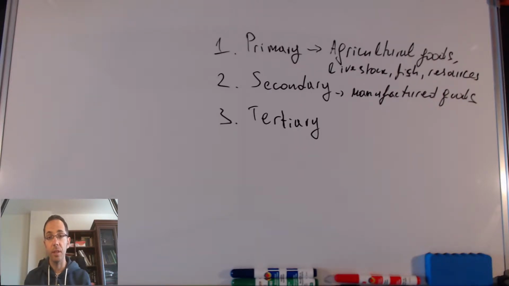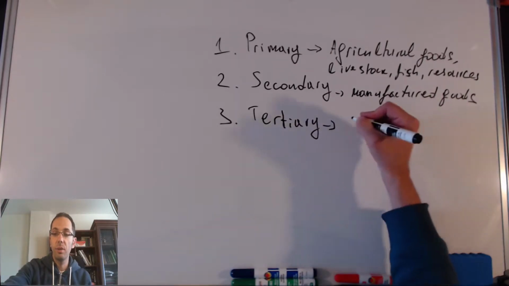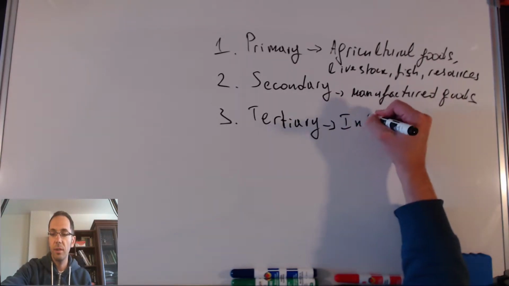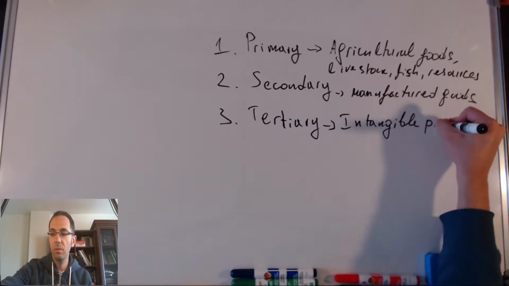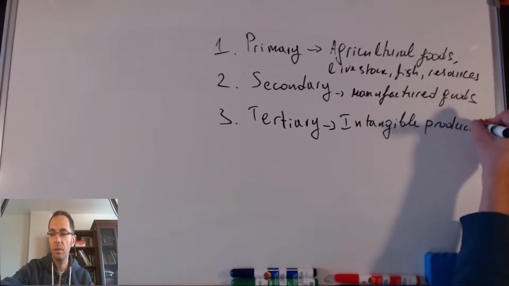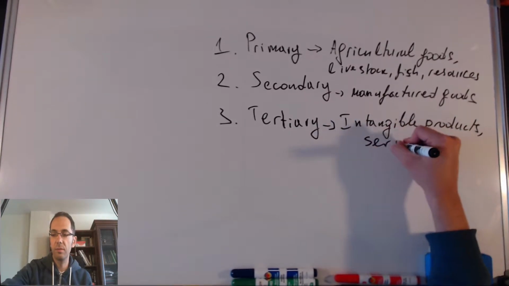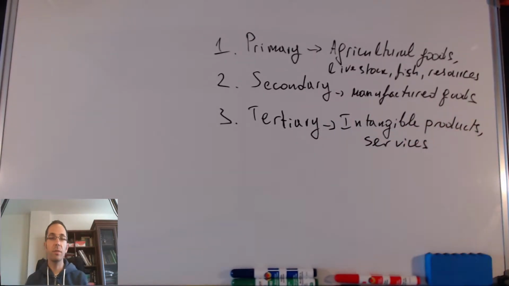Finally, we have the last group, tertiary, and these will be intangible products or services sometimes. Well, services is the most common word. We call them intangible simply because they have some use value, they have utility, but it's not something physical that you can just grab.